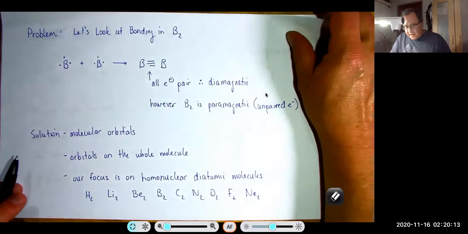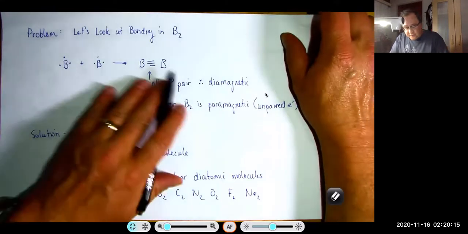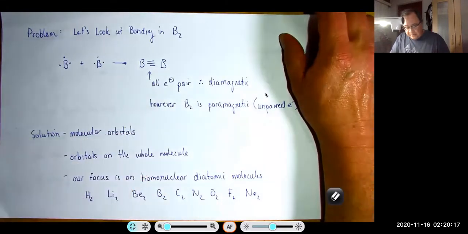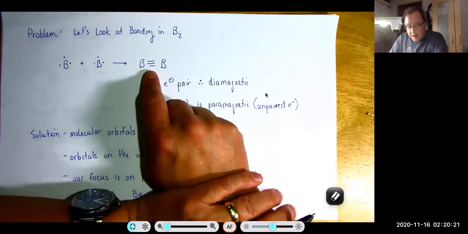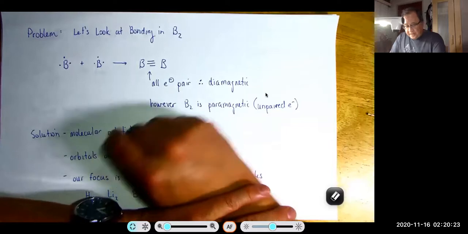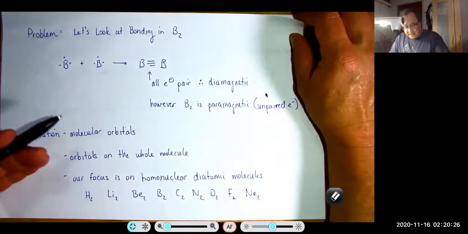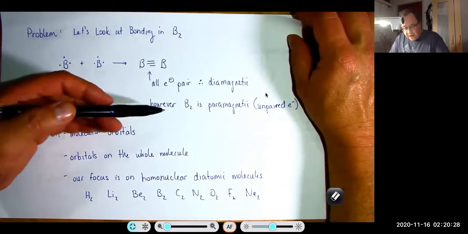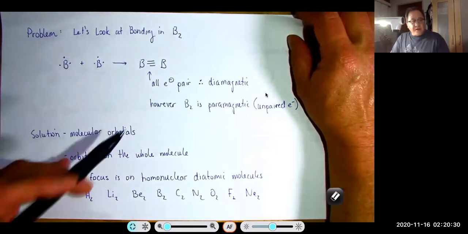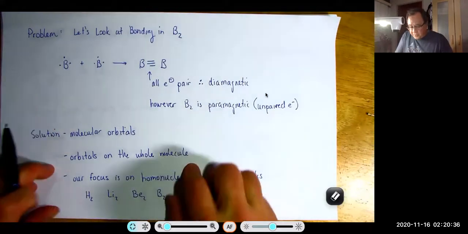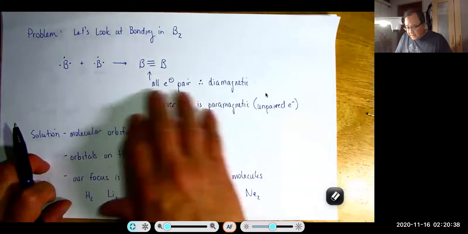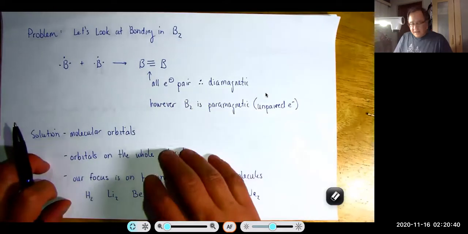From a valence bond theory view, one of those bonds is a sigma and 2 of them are pi bonds. Regardless of whether they're sigma or pi, the electrons in each bond are paired. The core electrons are also paired. So our guess for this molecule is that with all electrons paired, it should be diamagnetic.